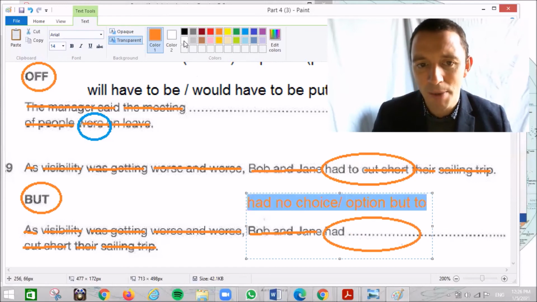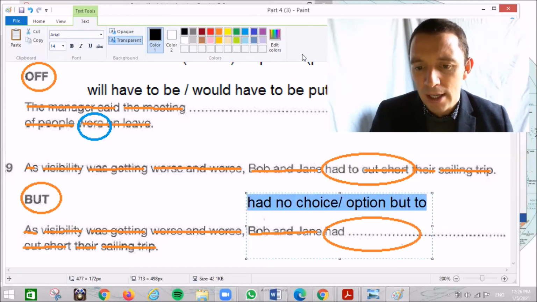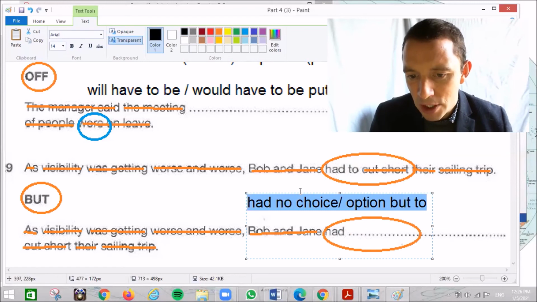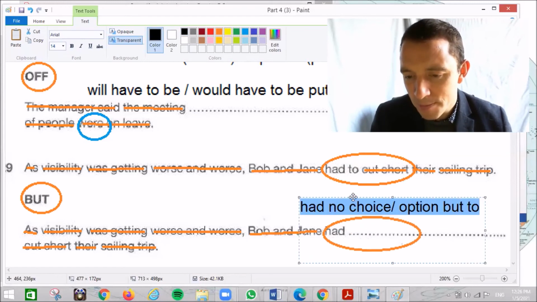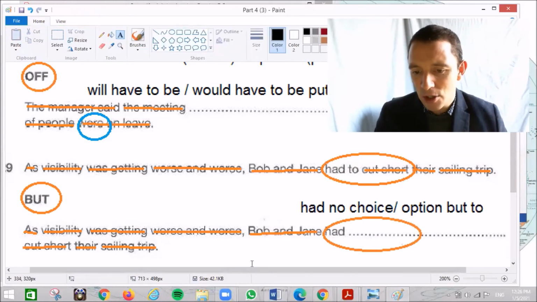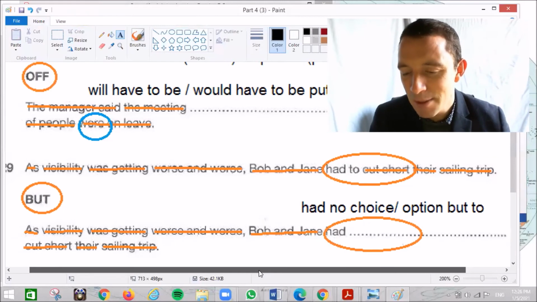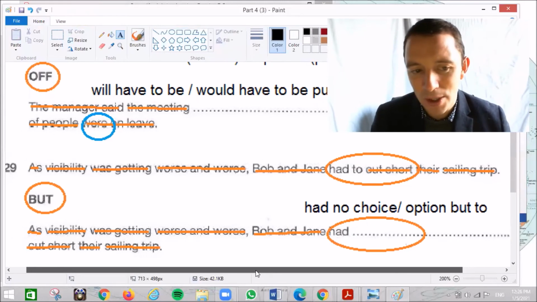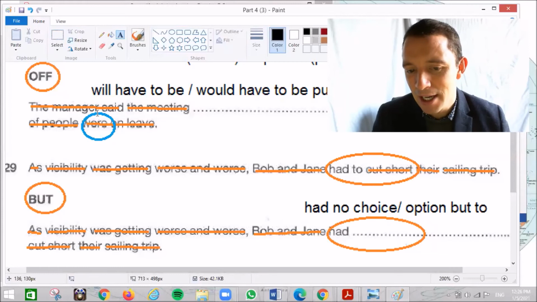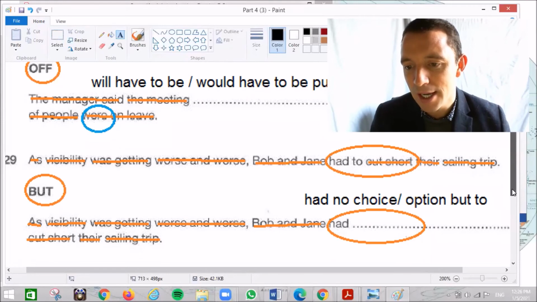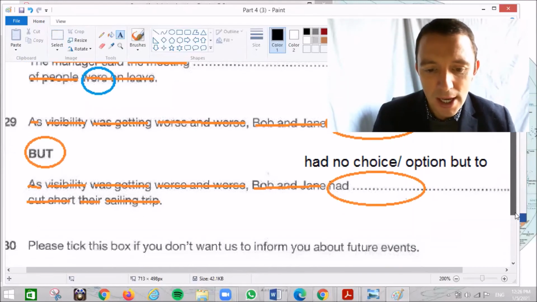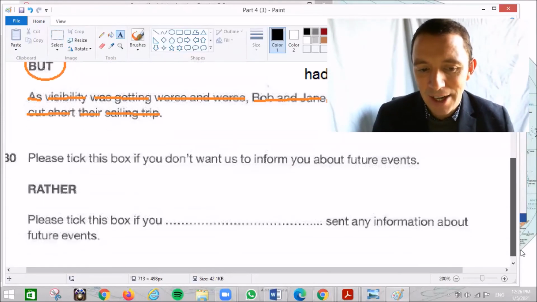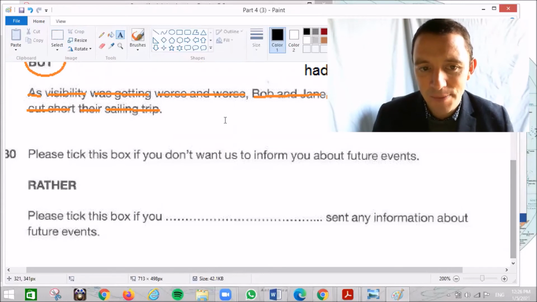Okay, so let me put in black. And that's it. So Bob and Jane had no choice but, or no option but to cancel or to cut short their trip. A little bit more comfortable than 28 and 27. 29 is maybe more possible, but todavía, still, it's a little tricky, okay? A little difficult. So let's continue to the last option and the last exercise, 30.